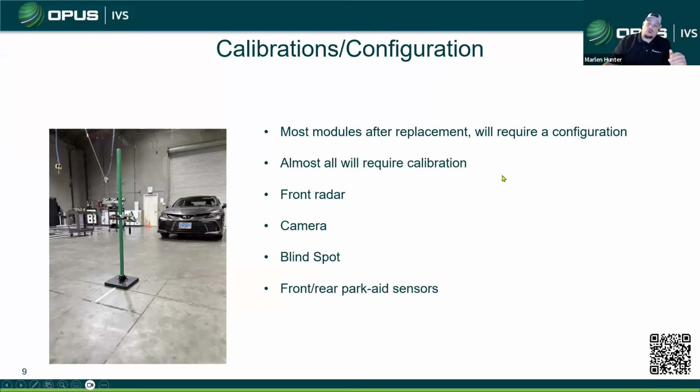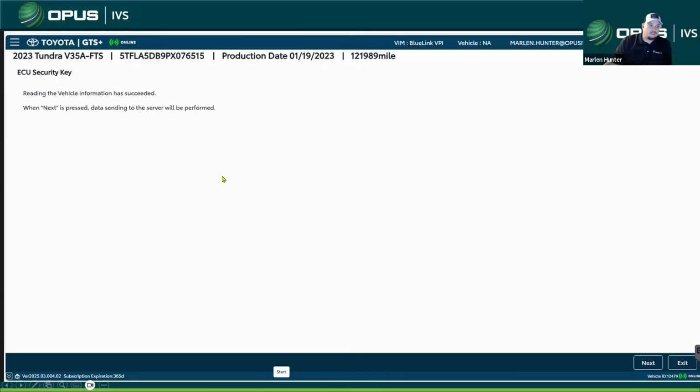And that's really it for ECU Security Key. Even though it causes a lot of problems, here I'll backtrack. It's a very basic function you'll do, but you'll need GTS with that. And again, back to service information. On our early cars, you didn't need security key for things like the radar or the ECM or SRS module.